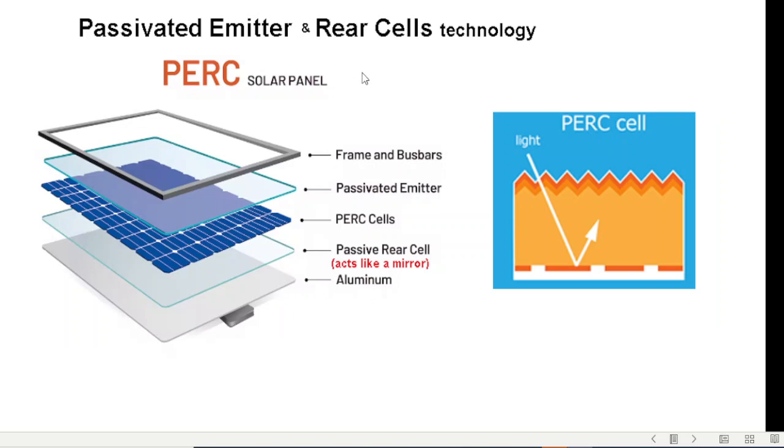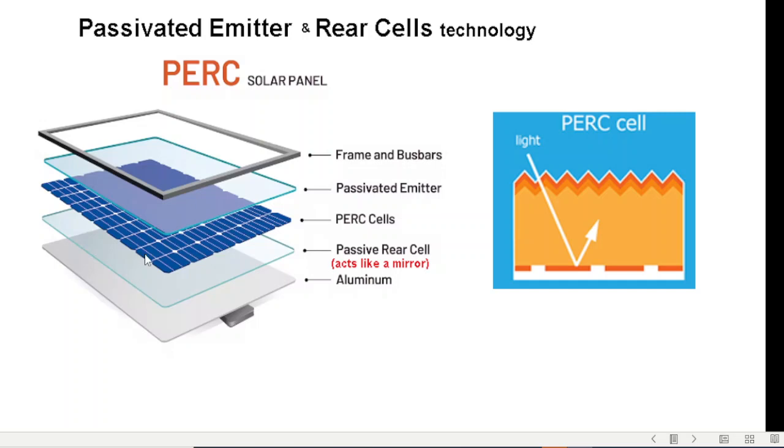The next panel that was invented is called passivated emitter and rear cell technology, or PERC cell technology. What they did here is that this glass is now kind of a mirror. When the light falls from here, it touches the solar cell and produces electric energy, and the remaining light goes down to the mirror-like surface and is reflected back.